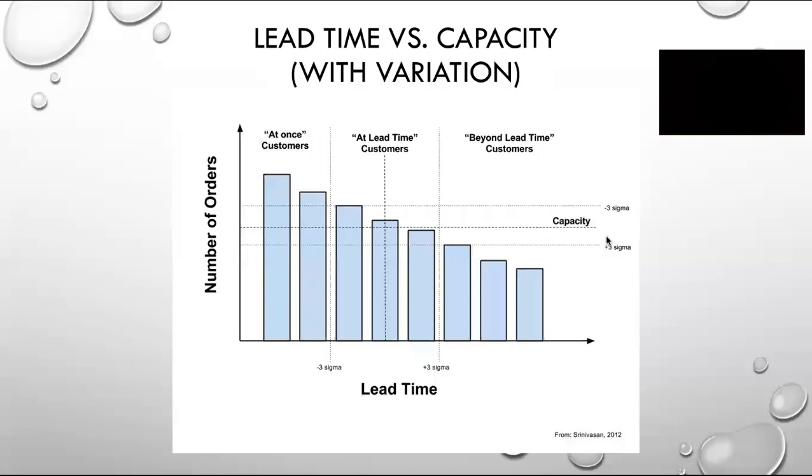This is probably going to be obvious to you: the greater your standard deviation, the wider this band's going to be, and the more safety stock you're going to have in your supply chain to address that. So lower variation results in a smaller band, which results in a smaller safety stock requirement.